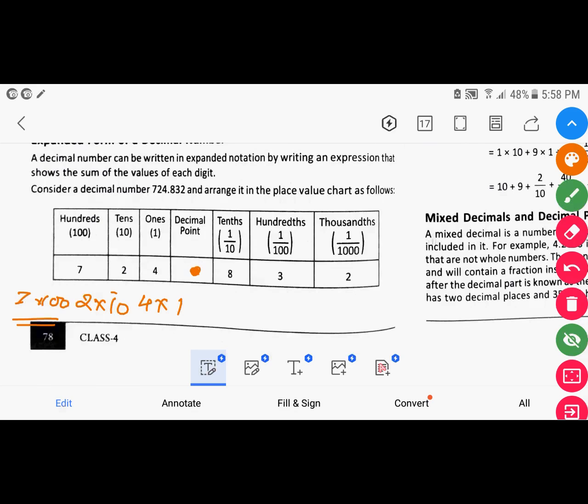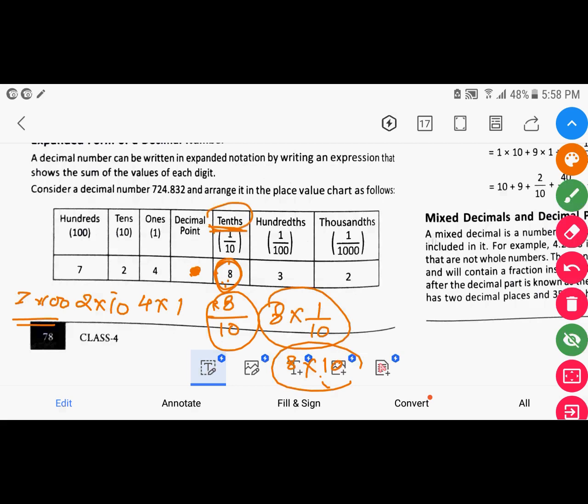Now to the right side of the decimal point, the first position is the tenths position, meaning this number 8 denotes the 8th portion of the 10 equal parts. So it is written as 8 multiplied by 1/10, not 8 multiplied with 10, because it is not the 10s position, it is the tenths position.